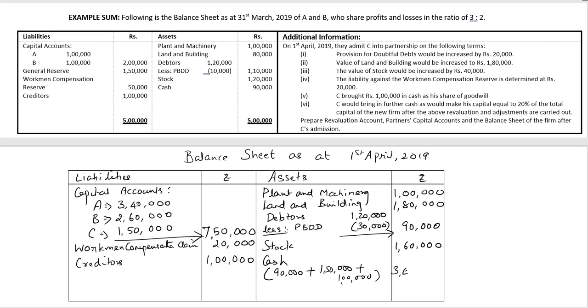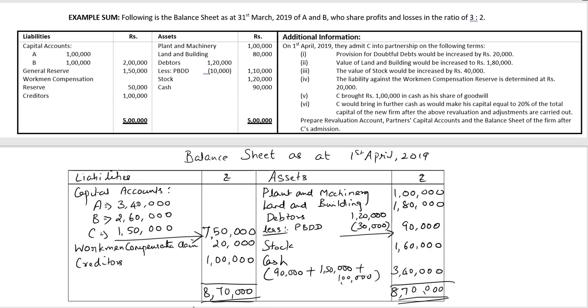Totally 3,40,000 rupees. So all the items are over. Let's tally the balance sheet. Liability side total 8,70,000. Asset side total is also 8,70,000. So this is the balance sheet.